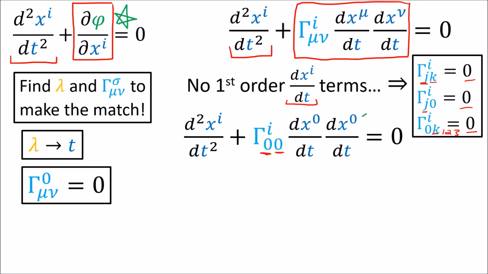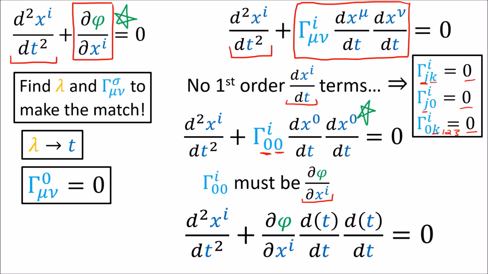Now, comparing these terms, we can deduce that gamma^i_00 must be equal to the partial derivative of the potential by partial x^i. This is because the x0 coordinate is just t, and so these two derivatives each become 1. And we're left with our original equation.